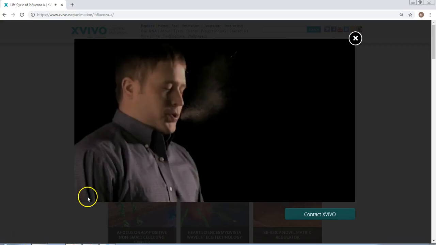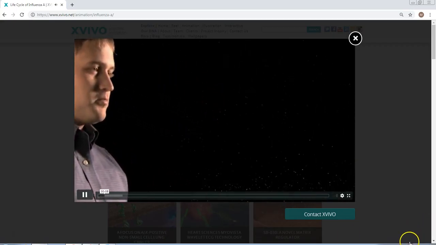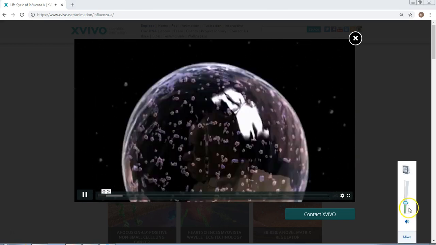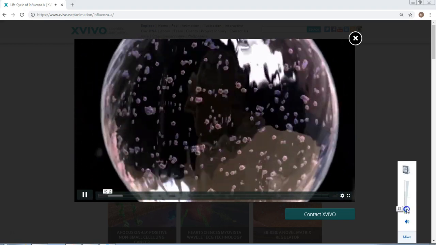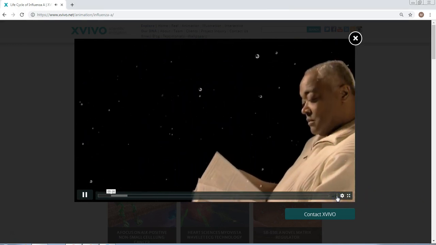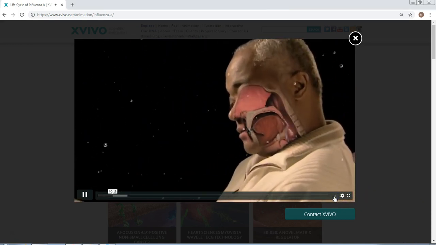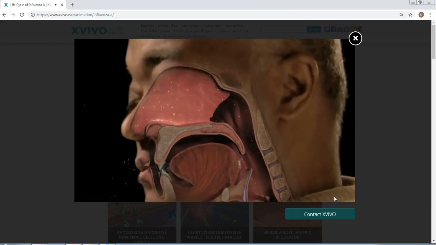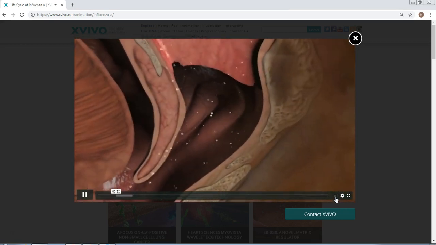Scientists believe that influenza virus is spread from person to person through exposure to large respiratory droplets, direct contact, or airborne dispersal. Infection takes place mainly in the respiratory tract.